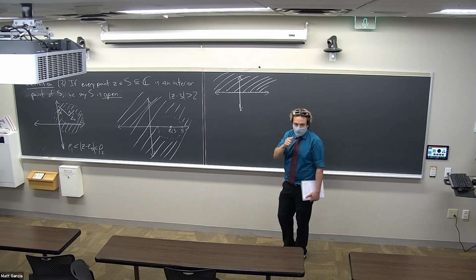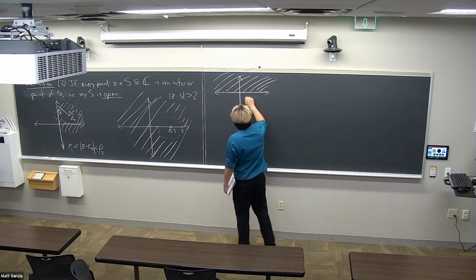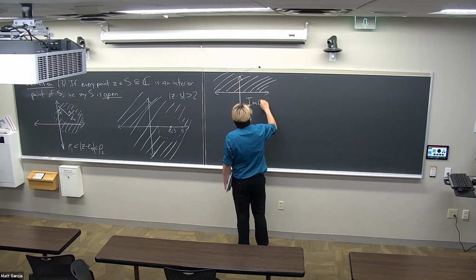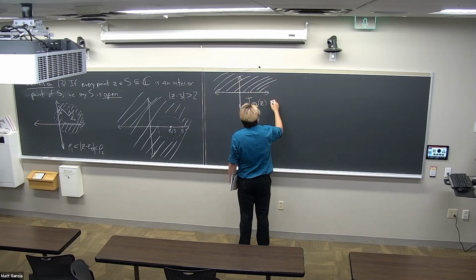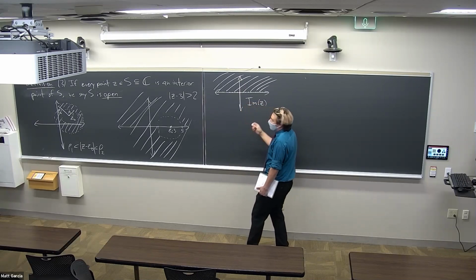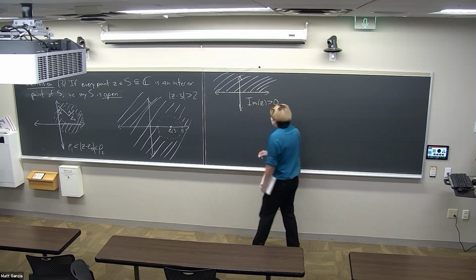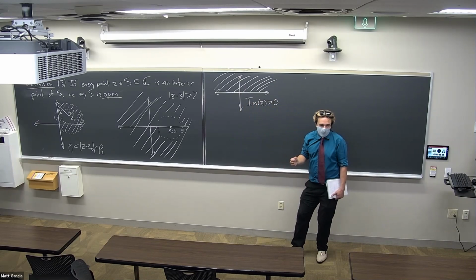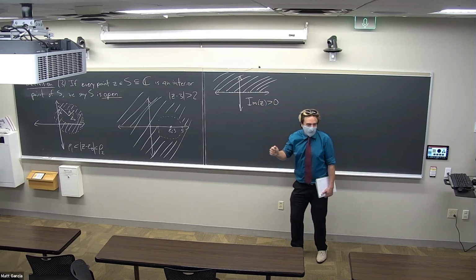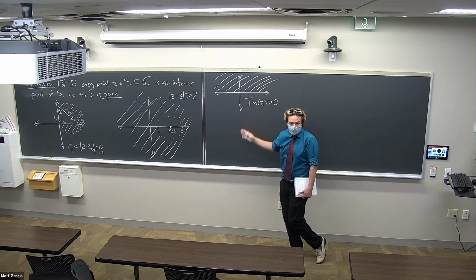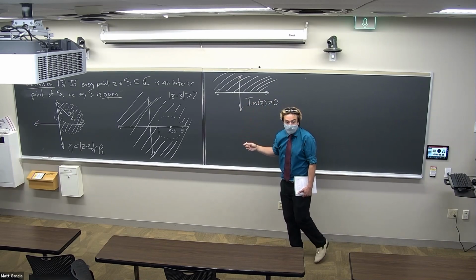The imaginary part of Z is greater than 0. Yep. And we saw an example like this of a non-open set, right? When we looked at the real part of Z greater than or equal to 0, right? Which included the imaginary axis. That's an example we did on Tuesday. Okay.